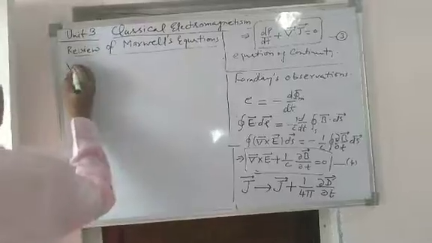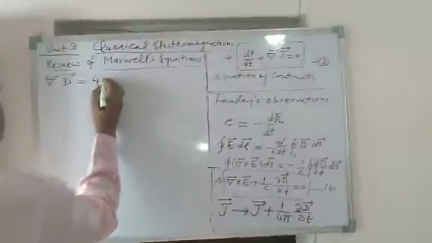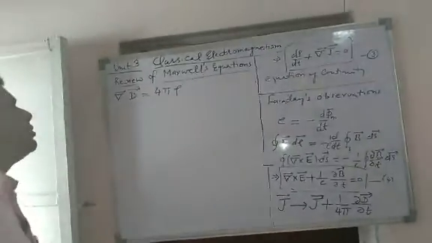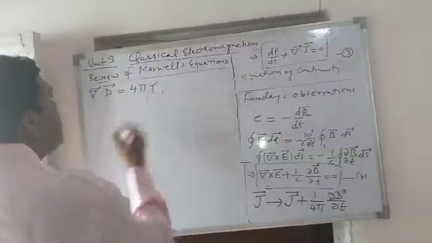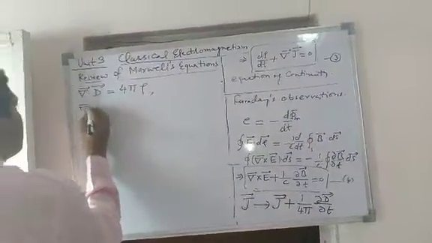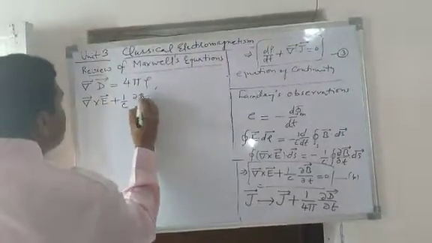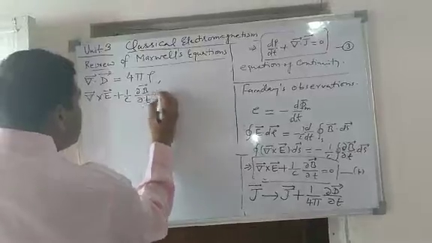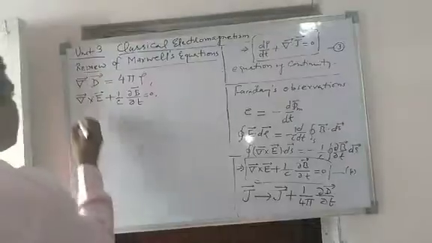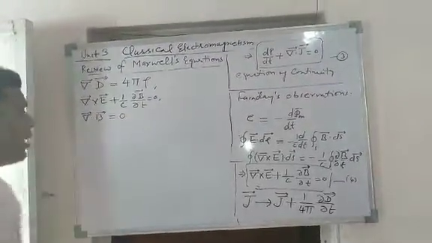The first relation, Gauss's law, is not going to receive any correction at all. The second relation, the curl of E, is anyway modified according to Faraday. Then the third relation is the divergence of B is 0, which is not modified at all.